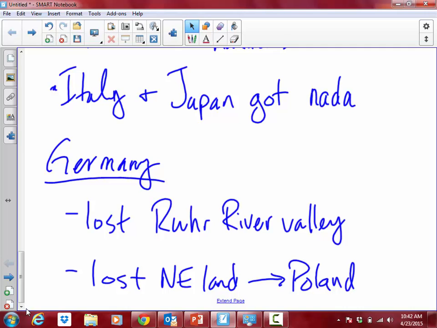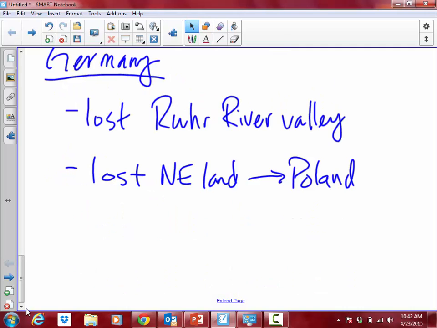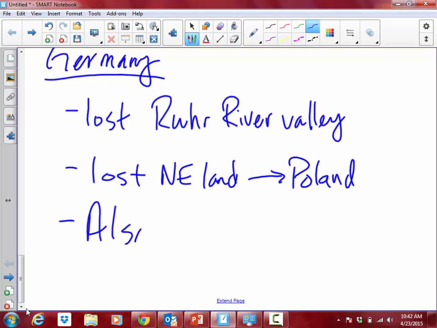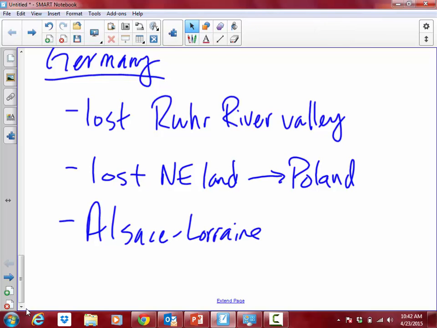Right? Okay. One other chunk of territory goes by two names because it's two territories. But we talk about them together. Alsace-Lorraine. This chunk of territory was French. But the French lost it in the Franco-Prussian War.